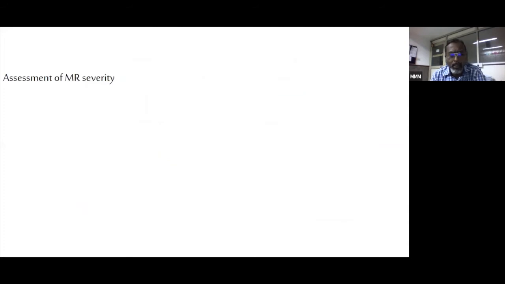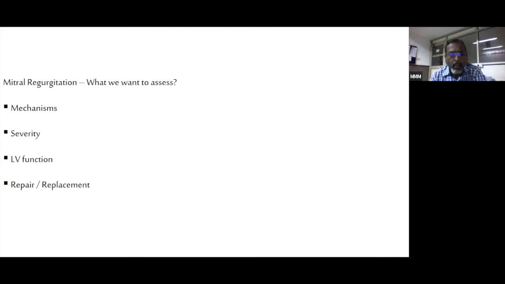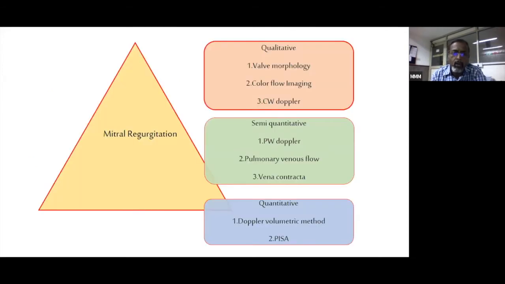Now coming to the assessment of MR severity, what we are looking at is the basic mechanism, how severe the MR is, what the LV function and size are, and whether the valve is suitable for repair or replacement. You can divide into qualitative, semi-quantitative and quantitative methods.